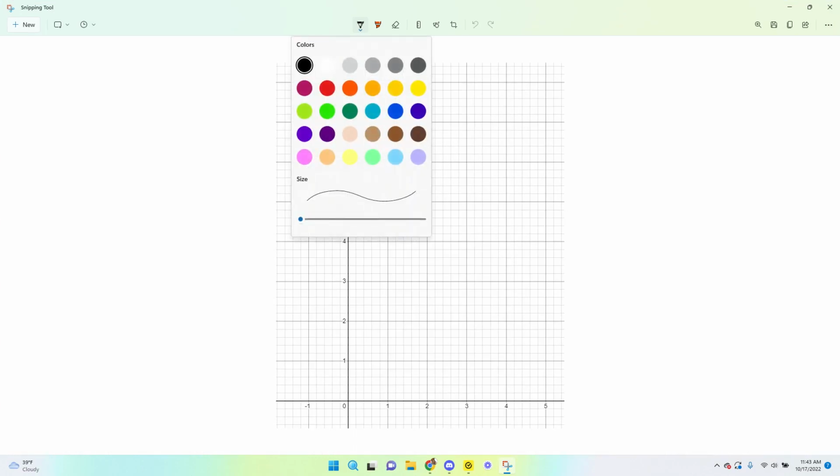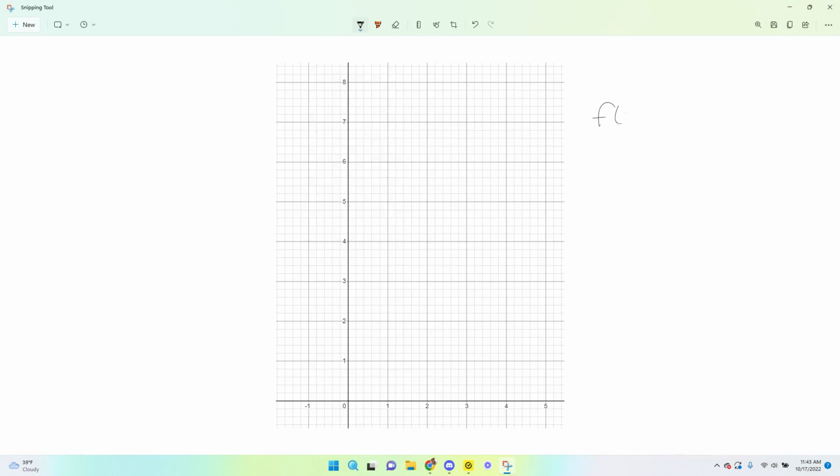All right, so let's think about f of x is equal to 2 to the x. And how is this going to play out? Okay, so then let's say we have x and f of x. Okay, so if x is -1, f of x will be 2 to the -1 power, which will be 1/2. Okay, if x is 0, f of x will be 1.